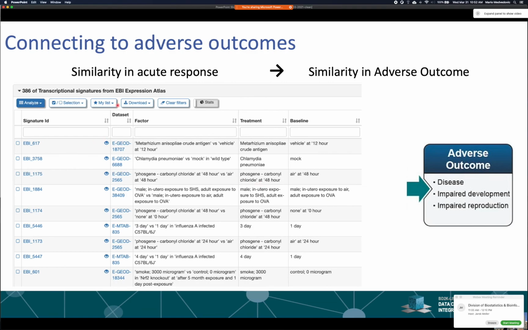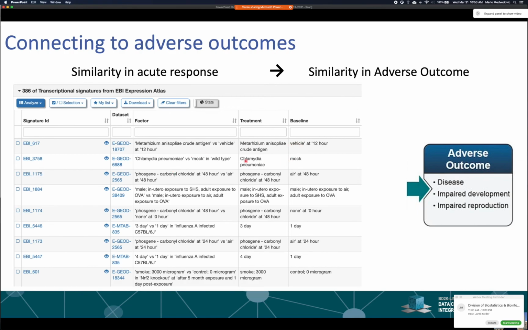One of the things we can do to hypothesize what happens is to run the comparison with disease signatures, or in this case signatures of other perturbations that have not been part of the LINCS project. So these are signatures again picked up from the EBI Expression Atlas.